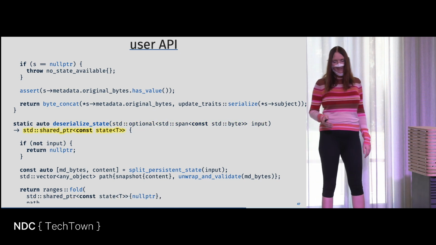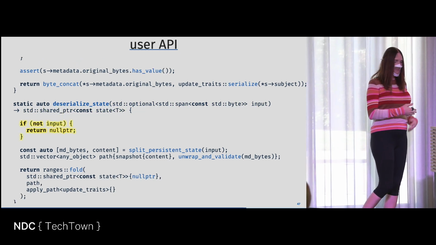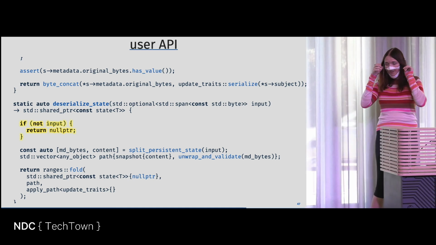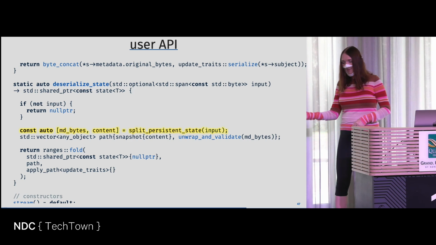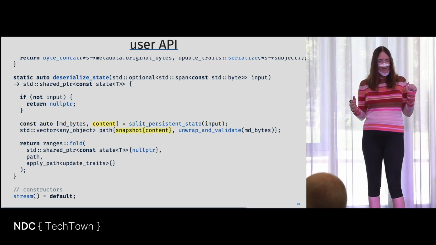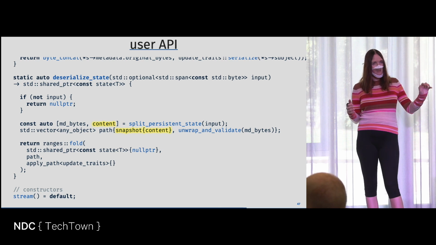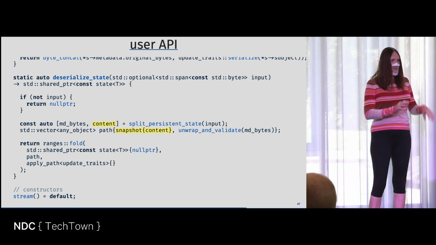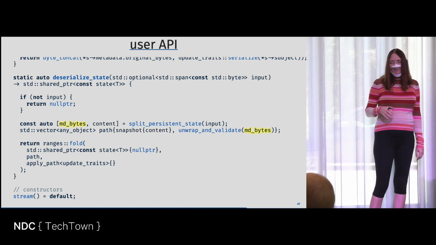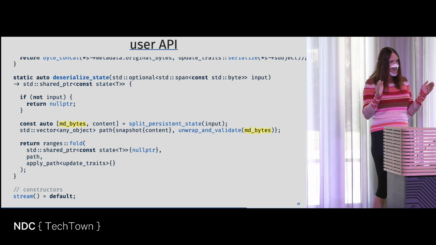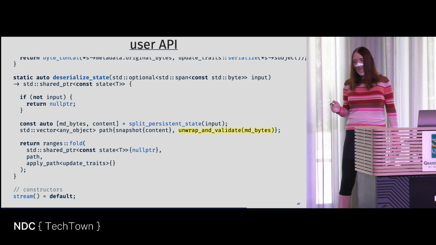The deserialization is similar. You will get input. If it's empty, the resulting state will be a null pointer. Then you somehow split it, create a path. From the split, from the content, you will create a new snapshot, just like an ad hoc snapshot there. And you will unwrap the metadata because they are exactly the same as you downloaded them.